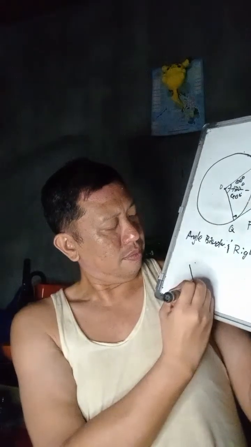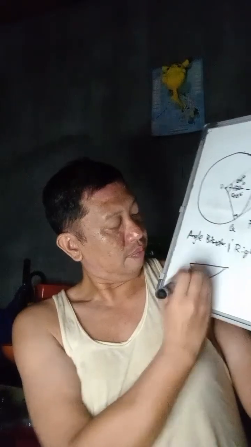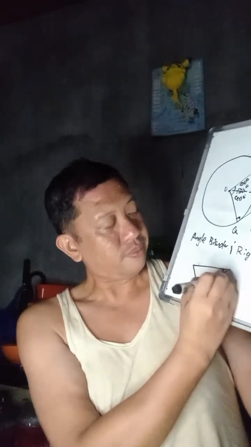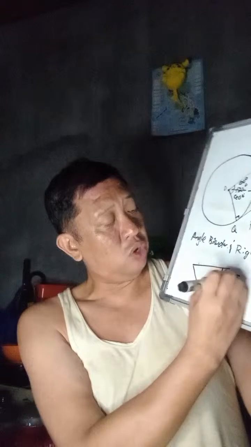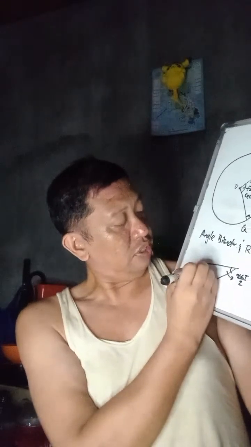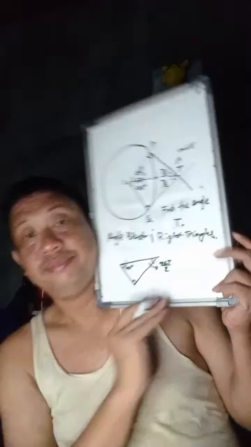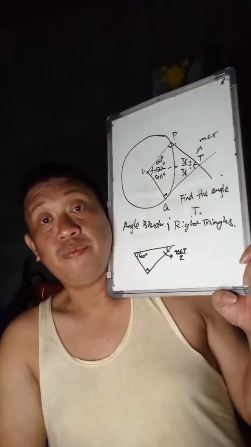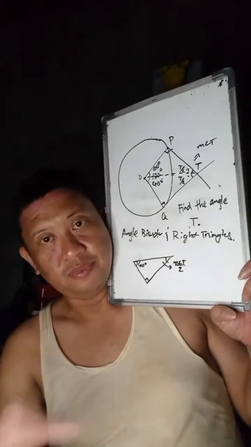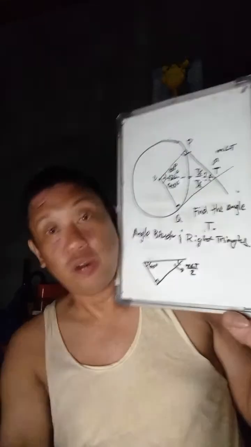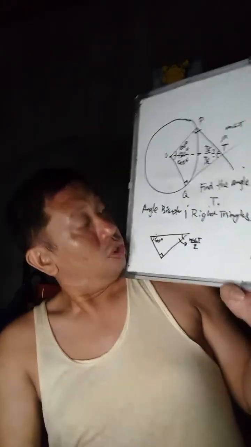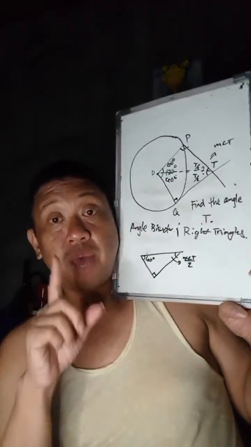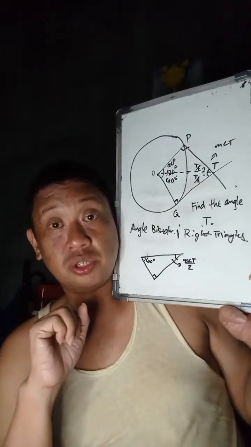Okay. So this angle is T over 2. So we can say the measurement of angle T all over 2. And this one is 60 degrees. Okay. So we will now use the property of right triangles. If not with right triangles, at least for an ordinary triangle, right? So at this point, we could use the sum of the interior angles.